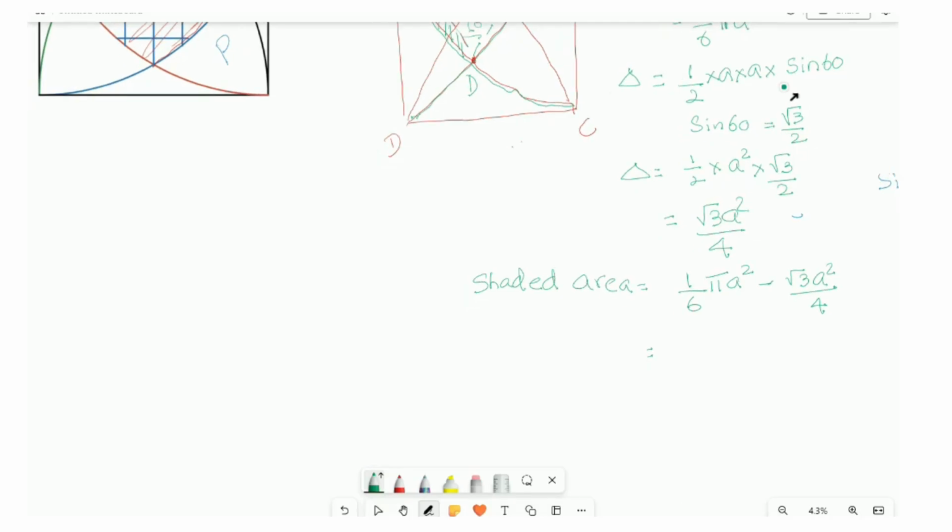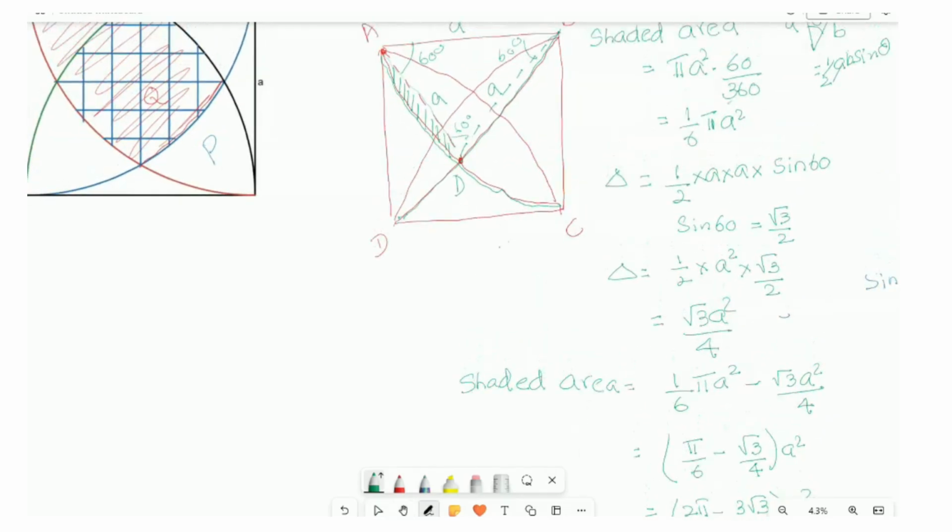If I simplify this, the shaded area is (π/6 − √3/4) a². The common denominator is 12, so this is (2π − 3√3)/12 a².